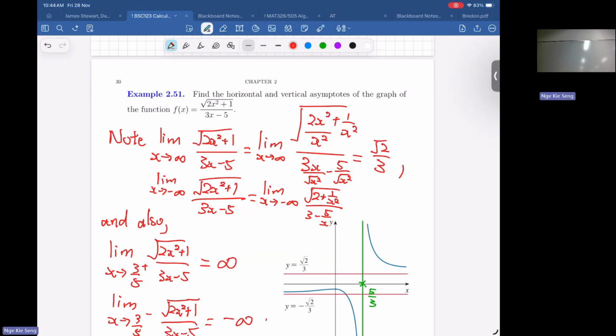You want to say that minus 3x goes to minus infinity, like this? No.